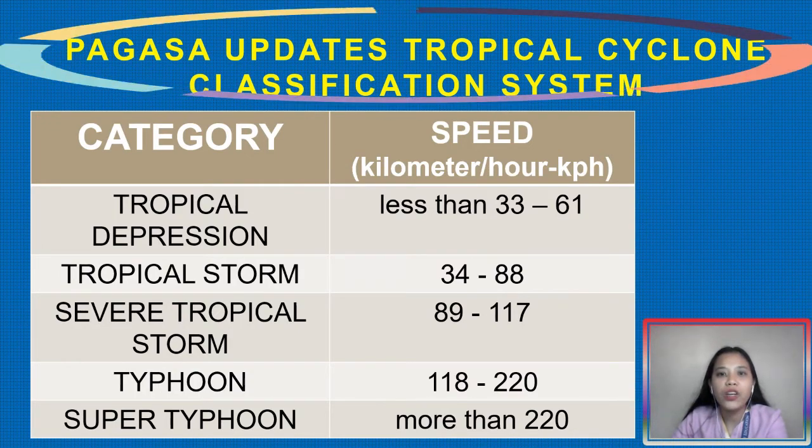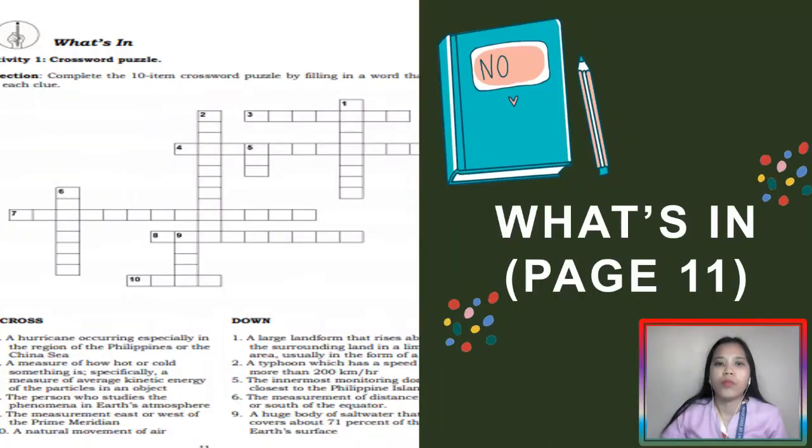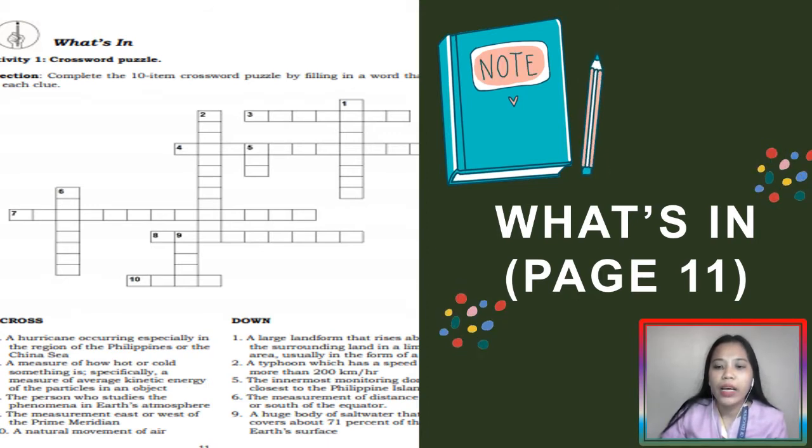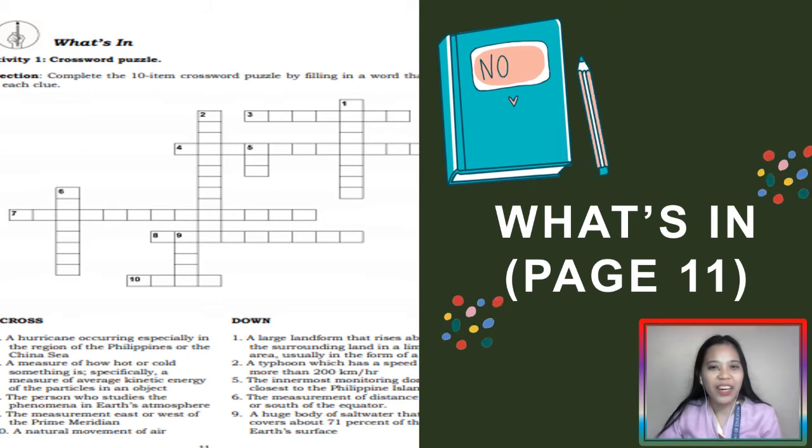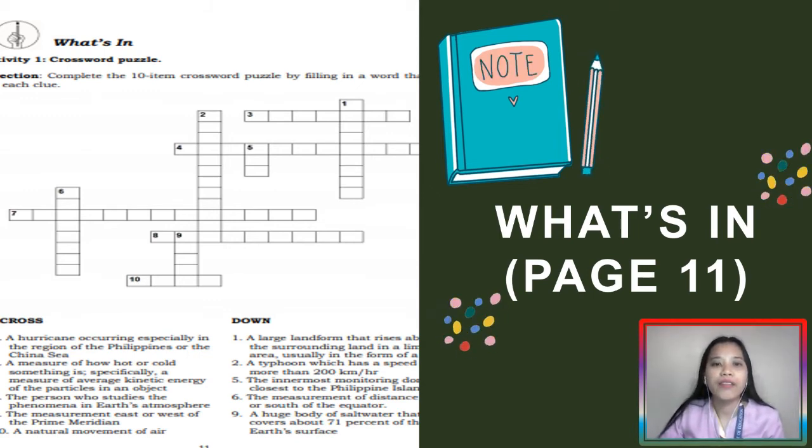Let's start by knowing some terminologies that will be used in this module. Please grab your Module 5 on page 11, Activity 1, as you answer the brief drill of the crossword puzzle by filling in the word that fits each clue. Alright, great job, students. Hope you all got the correct answers.